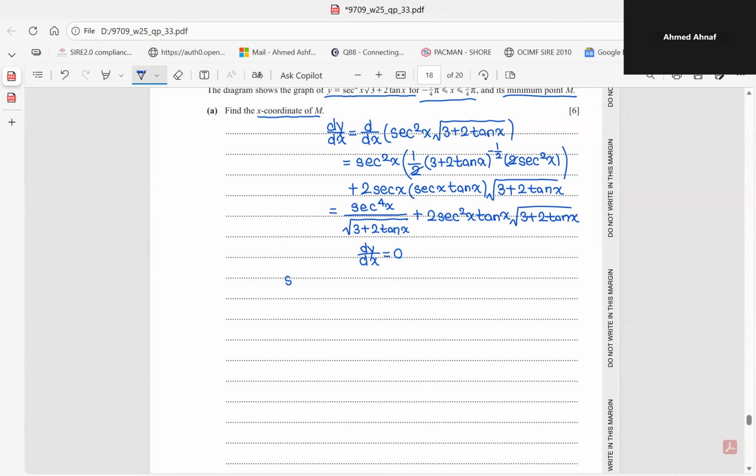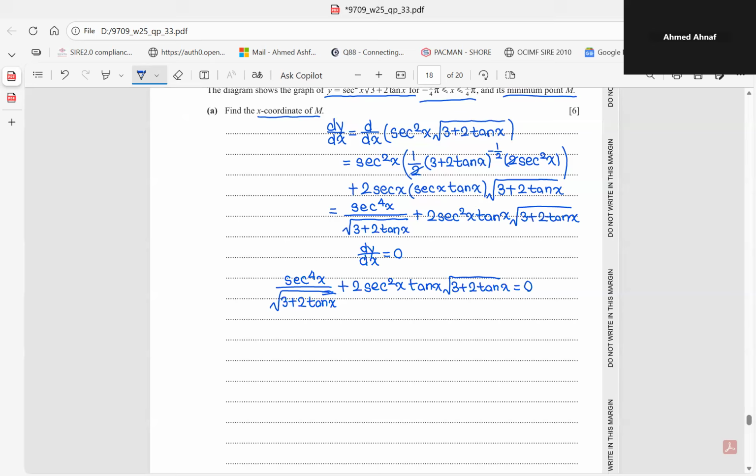So this whole expression equals 0, plus 2 secant square x tangent x times square root of 3 plus 2 tangent x equals 0.